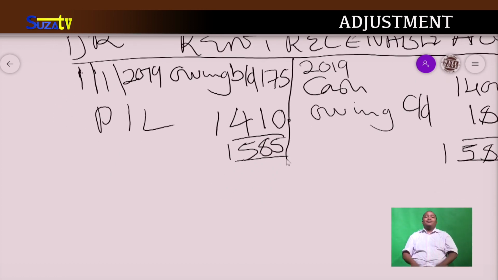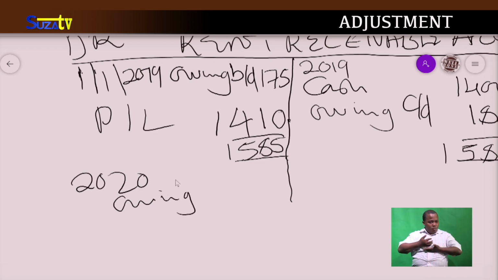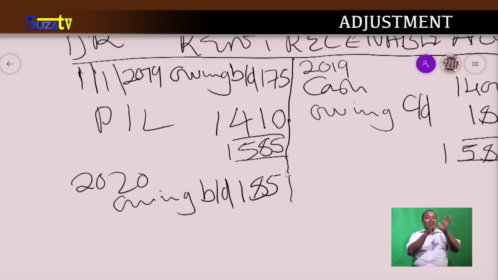Okay. In the next year, the owing CD will become the owing BD. You put here 2020, owing BD, 185. Okay.